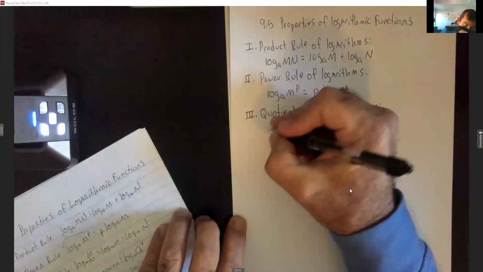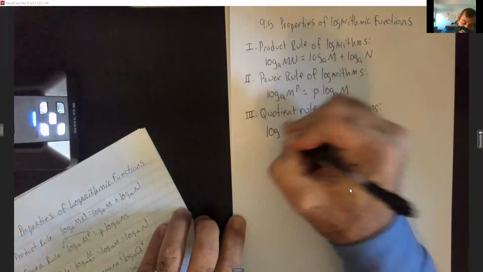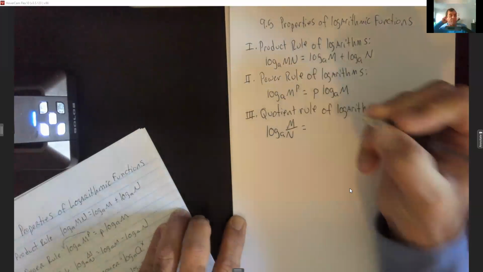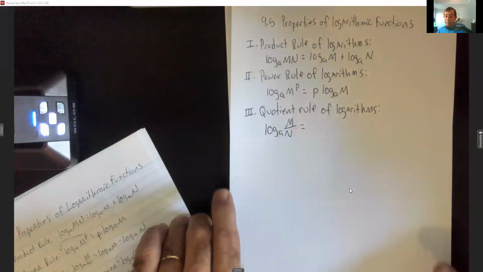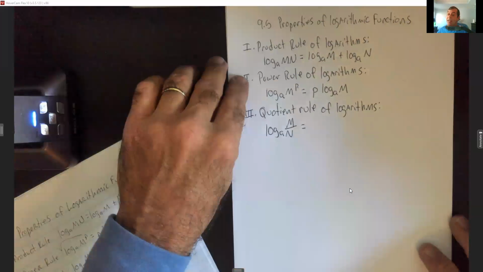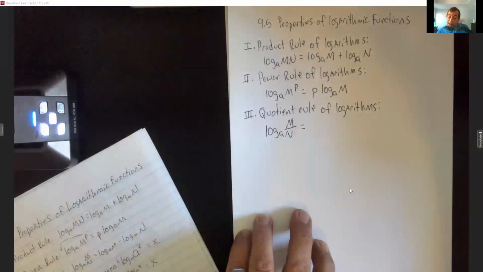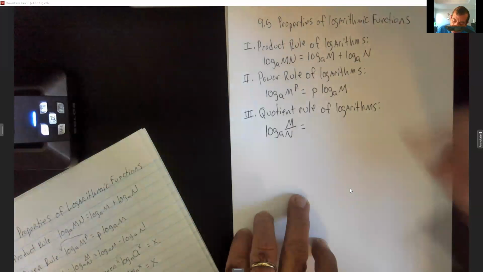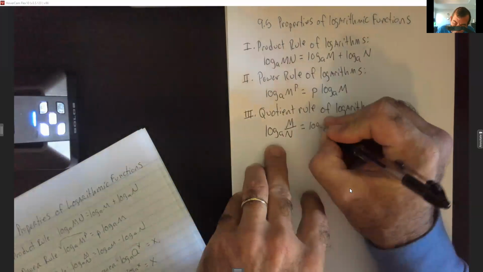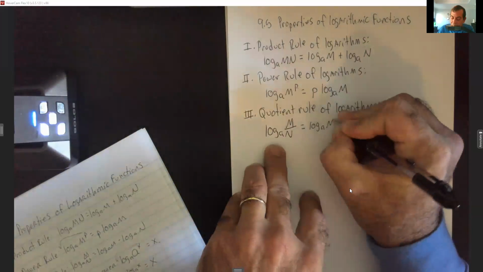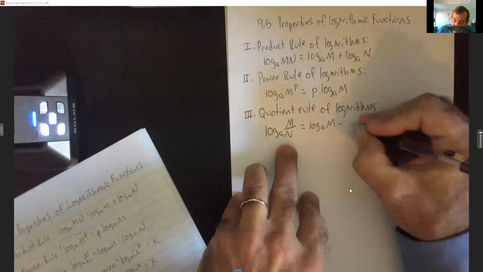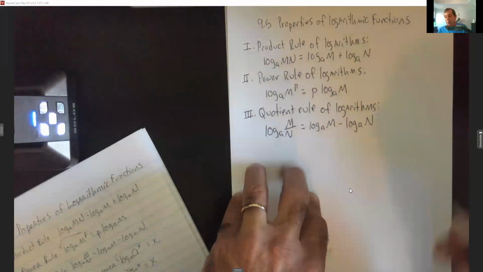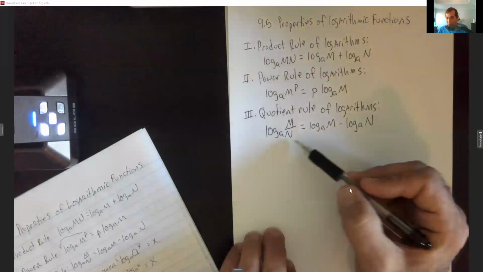So if I got a log base A of M divided by N, this would follow the quotient rule of exponents, where we would subtract the bottom exponent from the top exponent. So that's what this is doing. You're taking the log base A of M on top minus the log base A of N. So it's always the top minus the bottom on that.